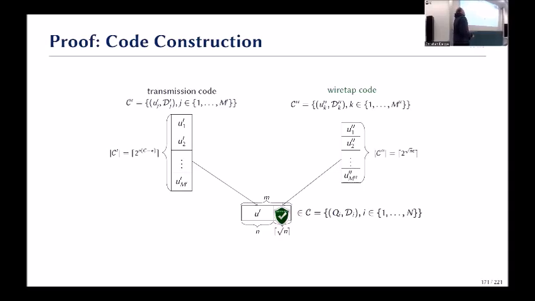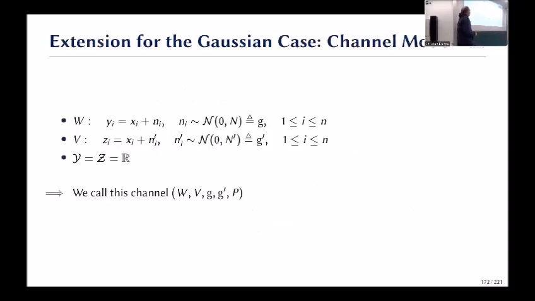And because it's of capacity 0, square root of n, it's R0. So our coding length is n plus square root of n, and if you analyze it asymptotically, it's the same as if we look at the code of length n. That's the reason why there is a square root n here.